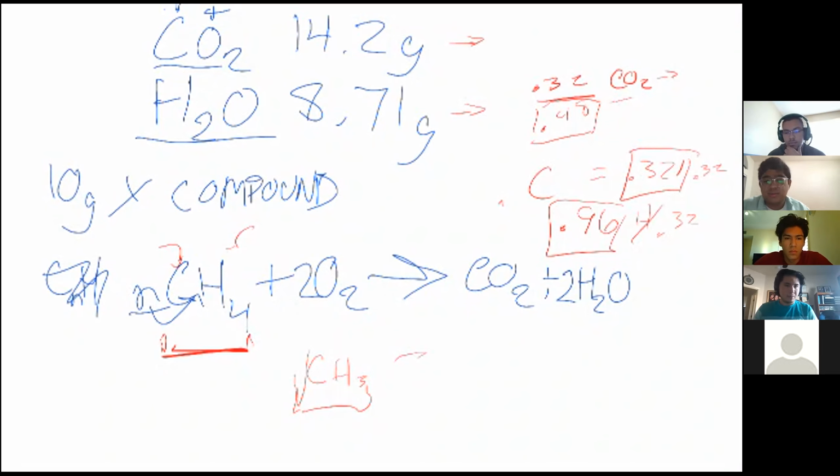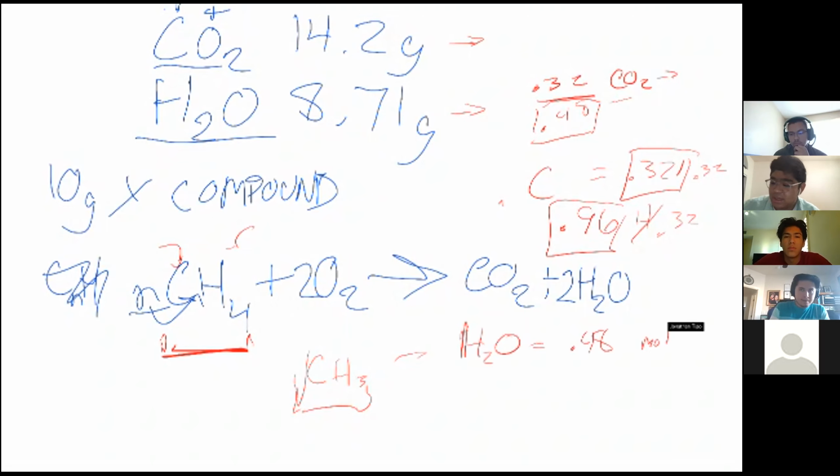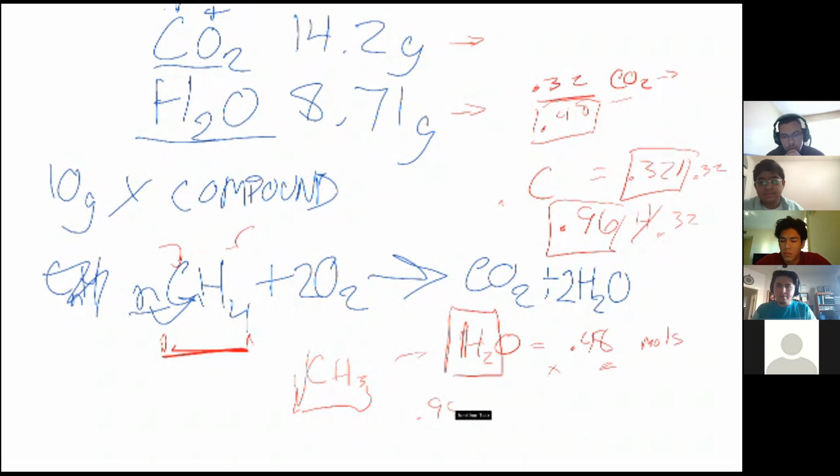I also see something from Margot Ito. Okay, so where did I get the 0.96? Well, H2O, we have 0.48 moles of H2O. And we can see from the formula, for every one compound of H2O, we have 2 moles of H. So that means we would just multiply that by 2, getting us 0.96.